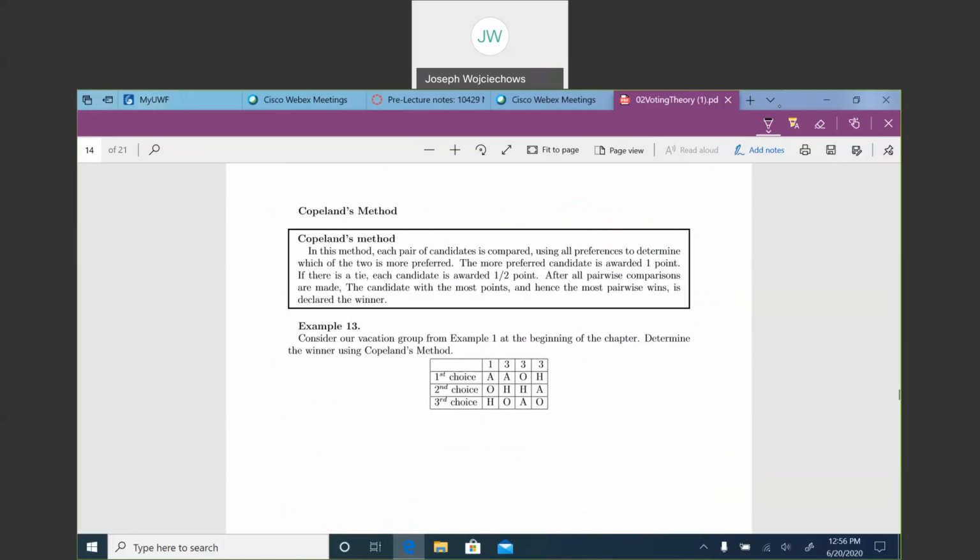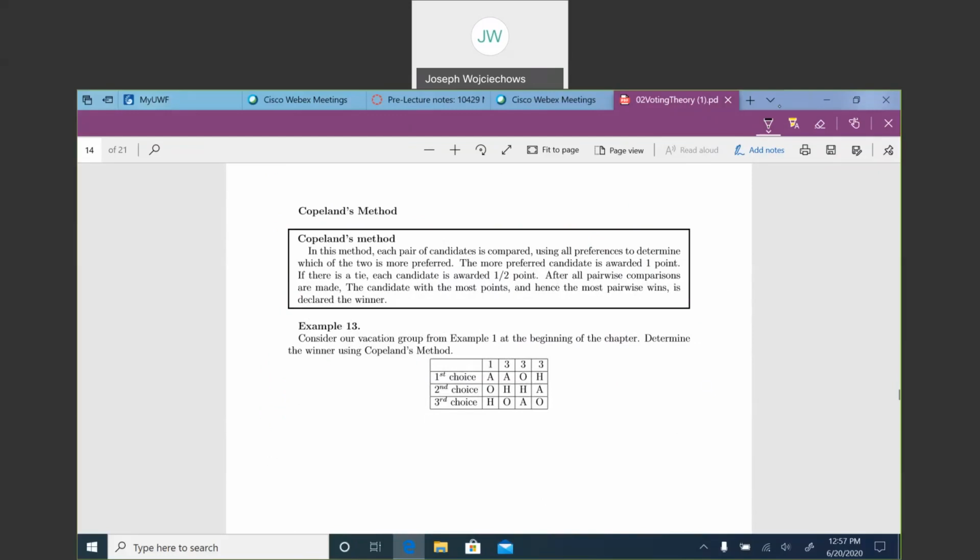So next we have something called Copeland's method. In this method, each pair of candidates is compared using all preferences to determine which of the two is more preferred. The more preferred candidate is awarded 1 point. If there's a tie, each candidate is awarded 1.5 points.